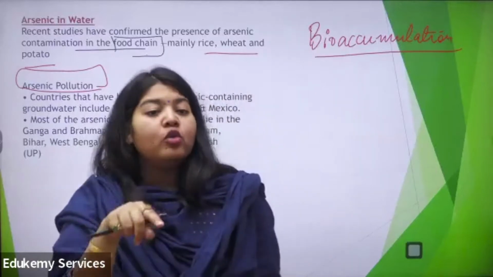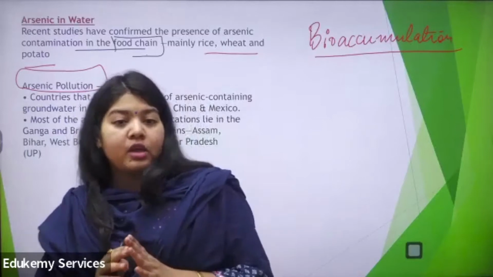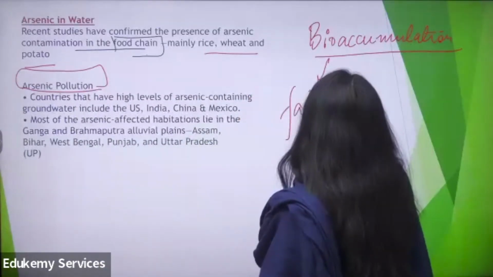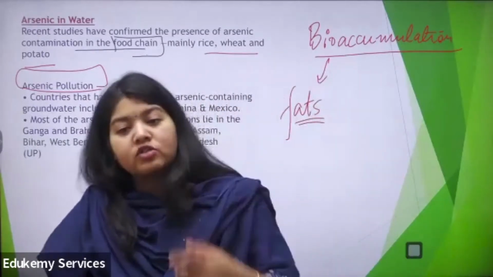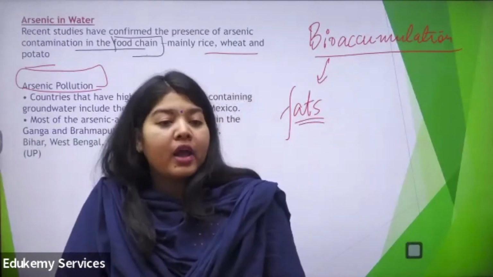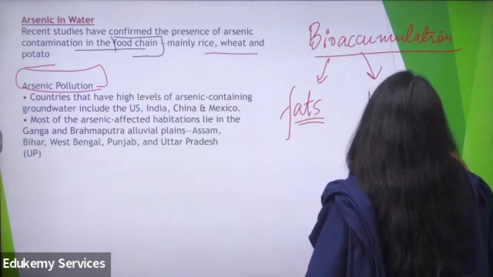Now, for any contaminant to accumulate inside the body, it has to be stored in fats. Gradual accumulation of chemicals, pesticides over time. Very good. If any pollutant is water soluble, can it undergo accumulation?